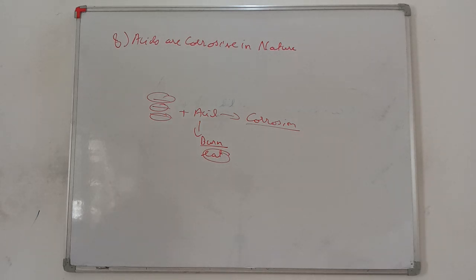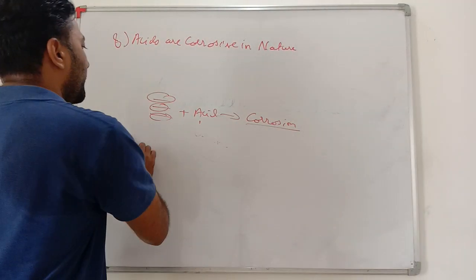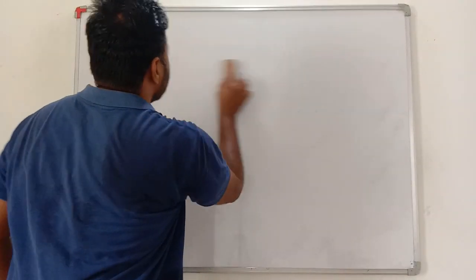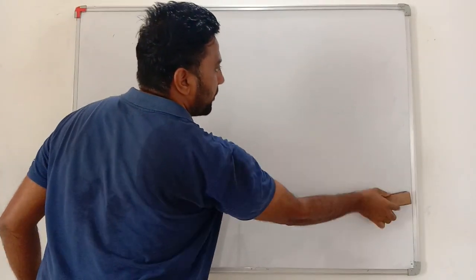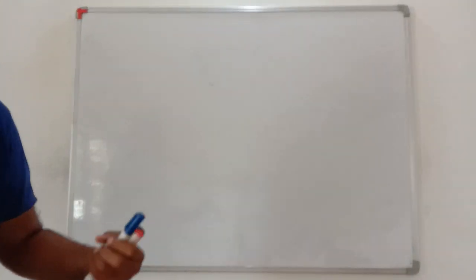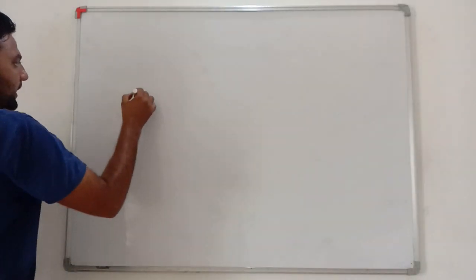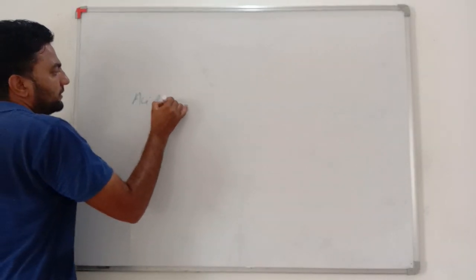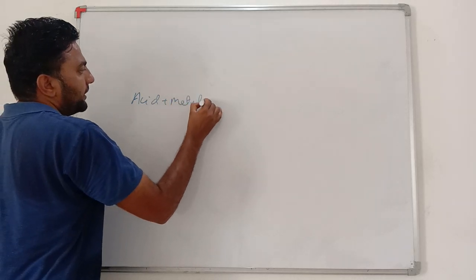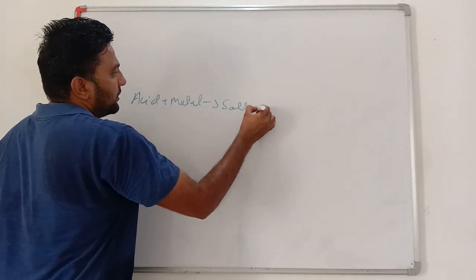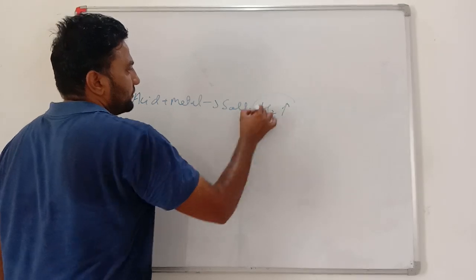Okay, so dear student, these were the properties of acids. Now very important, now we need to know why acids are acids. So first of all, we need to know what all the acids have in common. As we have seen in the reaction, acid plus metals gives us salt plus hydrogen, yes or no?